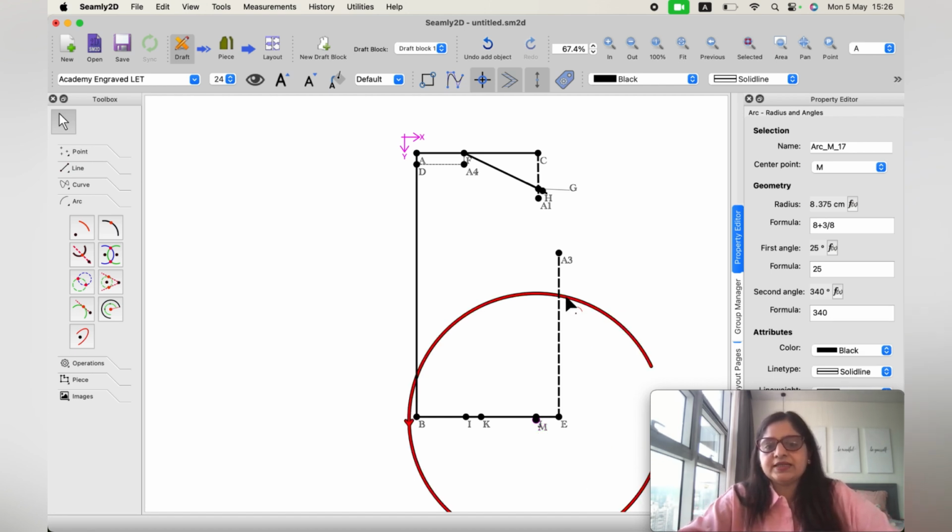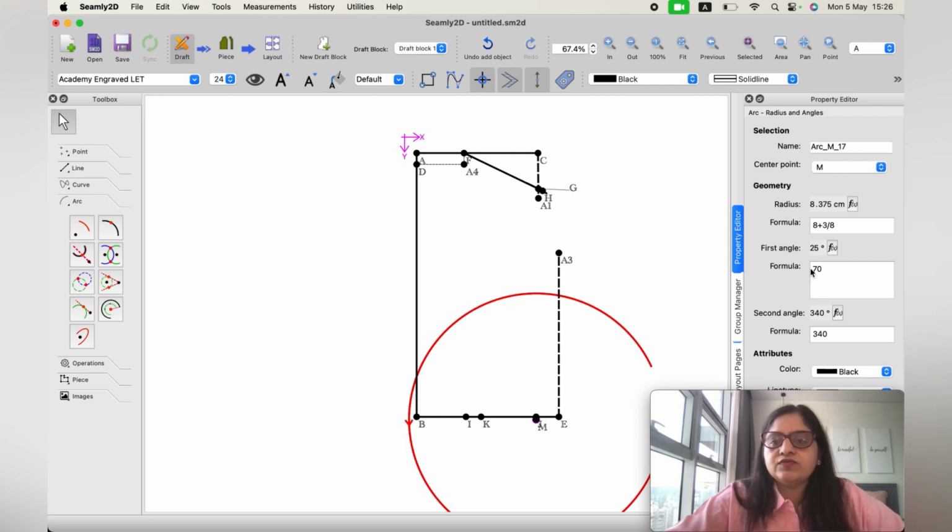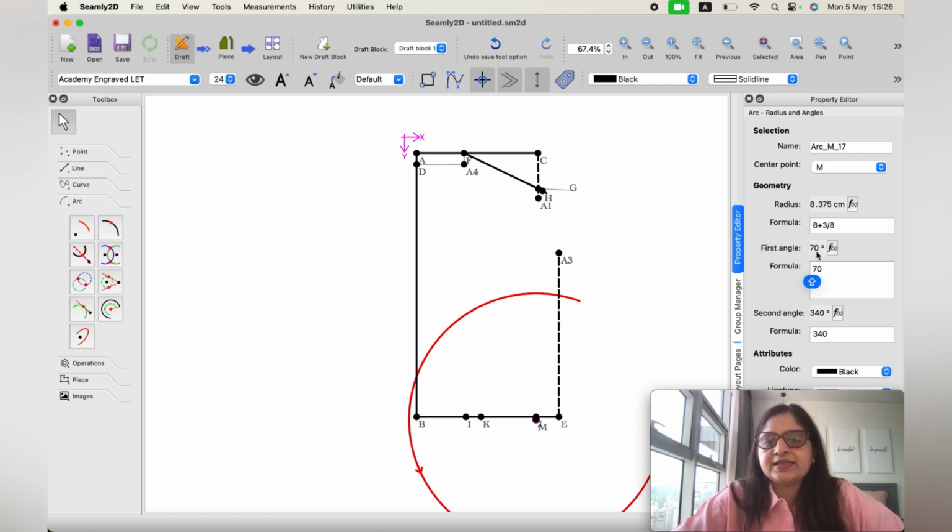Now let's see, it is coming somewhere here. That means if this is the line, it is coming in the first quadrant. So I'll reduce the angle to 70 degrees and see. Even if I reduce it to 65, it is okay, because I always get confused.